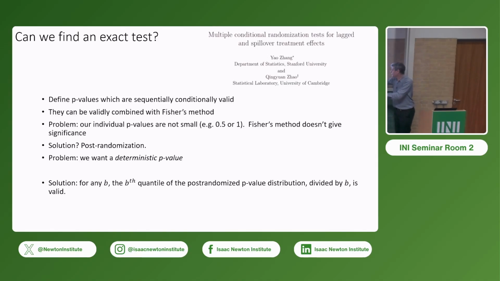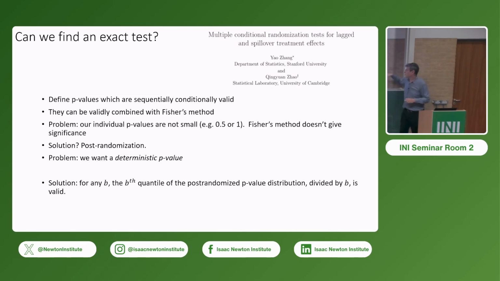So here's a solution to this. Given any post-randomized p-value, you take its bth quantile. So for example, its median would be its 0.5th quantile, and you divide it by b.